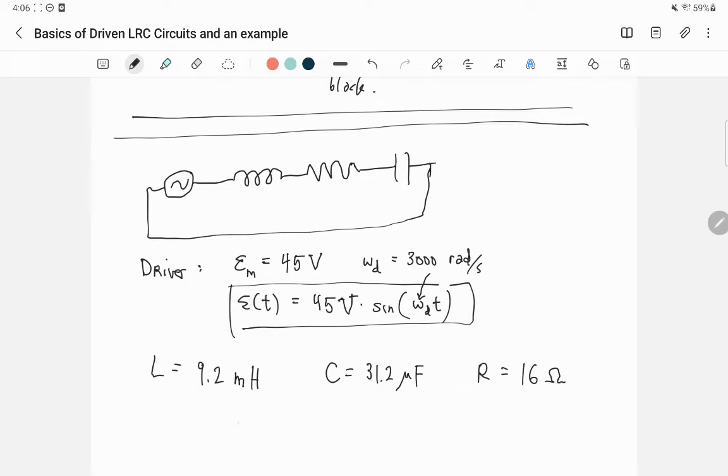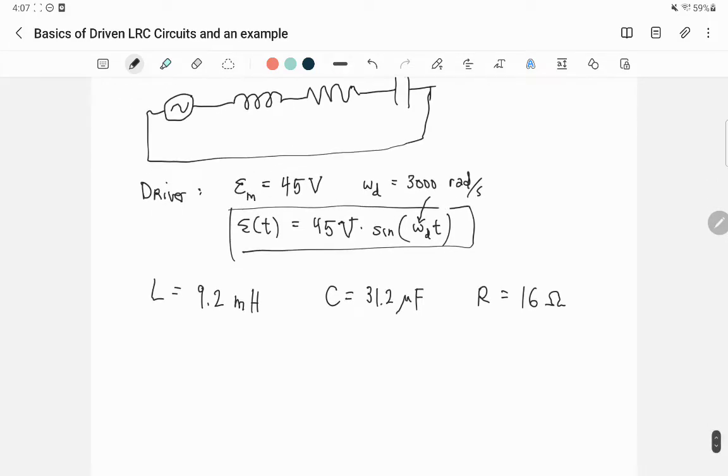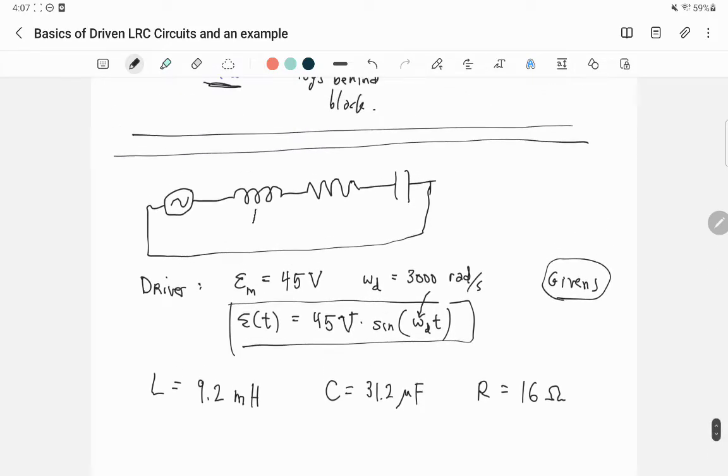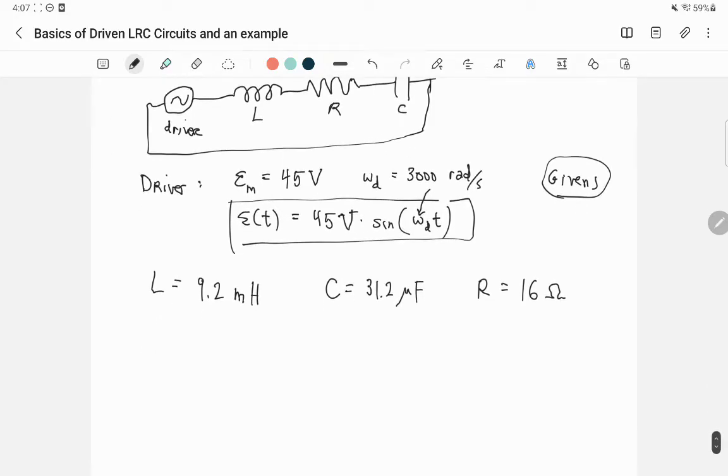So these are the details. So these are all the givens. So you know everything about LRC and the driver, right? Yeah, so here is the question.